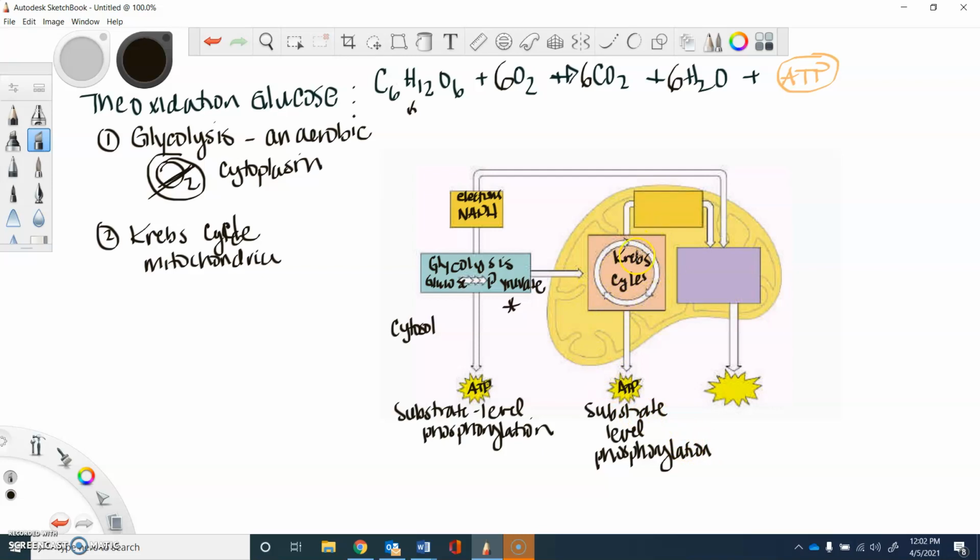And we will also get from the Krebs cycle some electron carriers. So we'll get some NADHs and FADH2s that we can bring into the final pathway, which is called the electron transport chain.